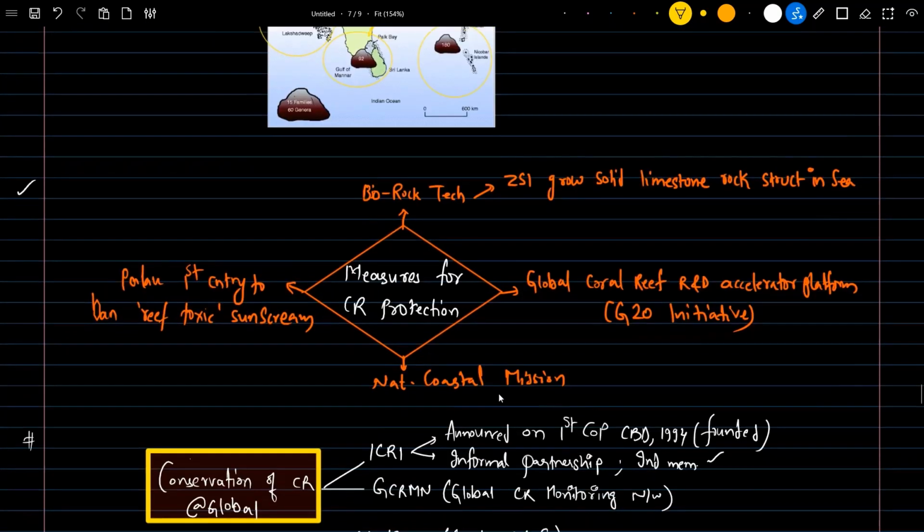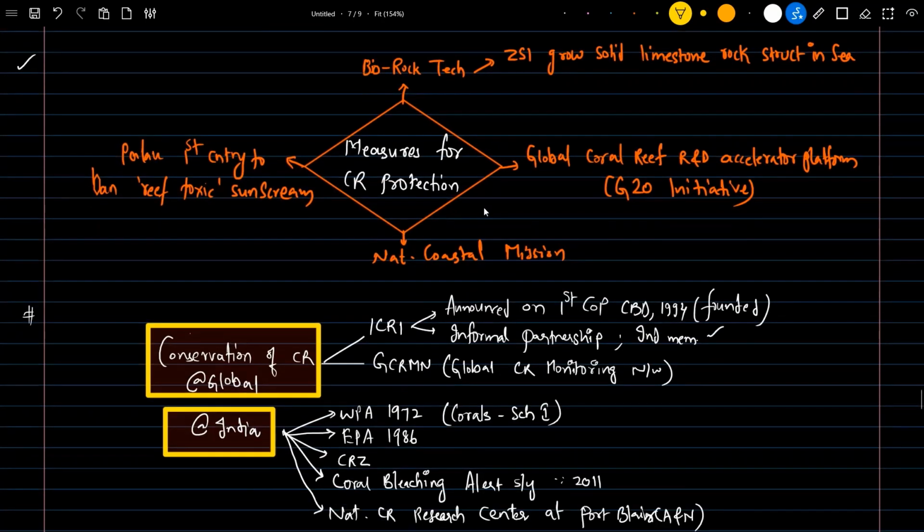And let's see also this thing. So what are the measures for coral reef protection? The measures which we took are basically biotic technology. The Zoological Survey of India will be growing a solid limestone rock structure in the sea. This is basically the biorock technology for the sake of coral reef protection.